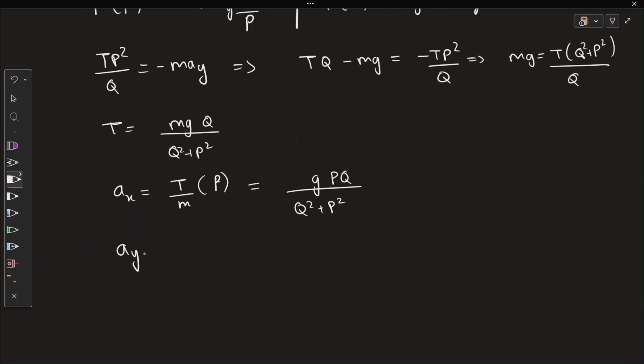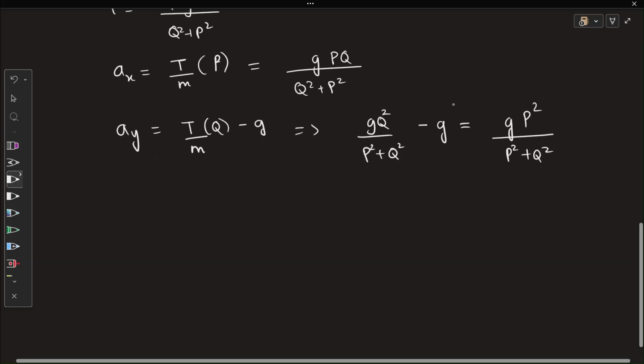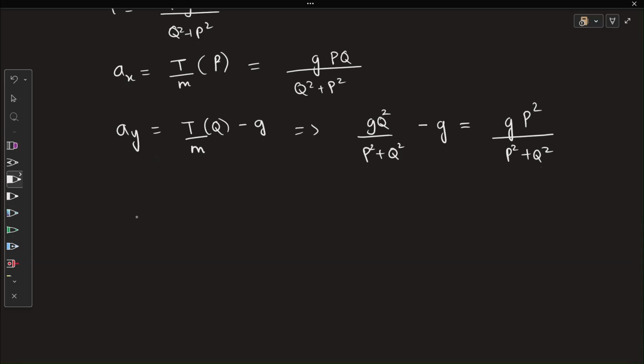Now ay is (T into q minus mg) divided by mass m, which is g into p square by (p square plus q square). If you want, you can skip the calculations and check your calculation. Just do it by yourself.